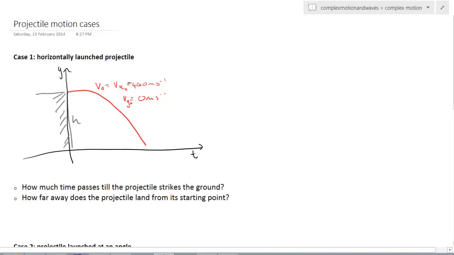Remembering that in x velocity, your horizontal component is not going to change. It's going to stay the same because we ignore factors like air resistance. What that means is that you can set up your equations very simply, and you're only going to have two equations.